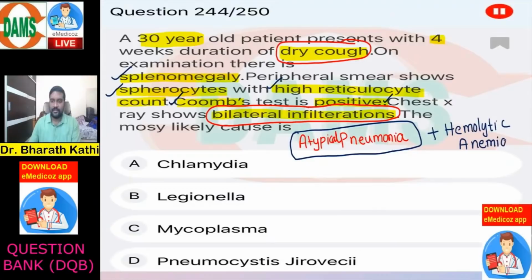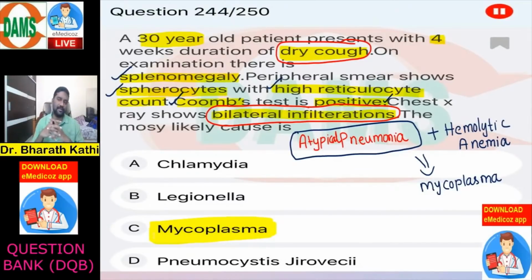Whenever you find these two in association, there is an organism responsible. Atypical pneumonia and hemolytic anemia, the organism responsible is usually Mycoplasma. If you find a patient with atypical pneumonia and hemolytic anemia, the organism is generally Mycoplasma. Now why in Mycoplasma there is hemolytic anemia, and what are the other features of Mycoplasma, we will discuss shortly.